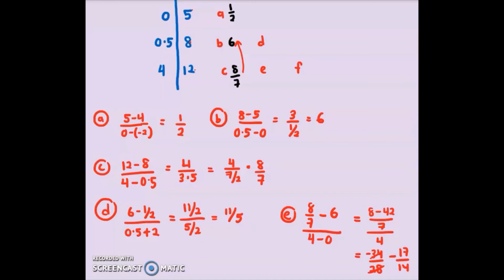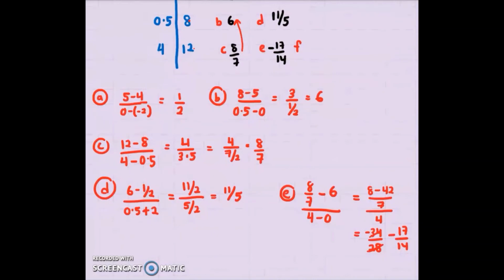which is negative 17 over 14. Okay, so I've obtained E, negative 17 over 14, and D, 11 over 5. Now lastly is to find F. For this column we have skipped 1, and here to find F we need to skip 2 values of x.